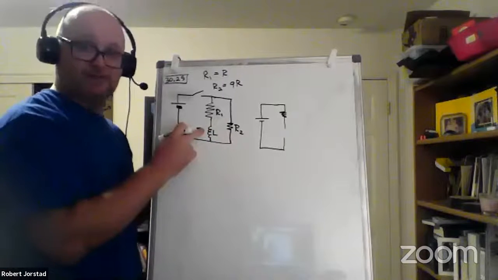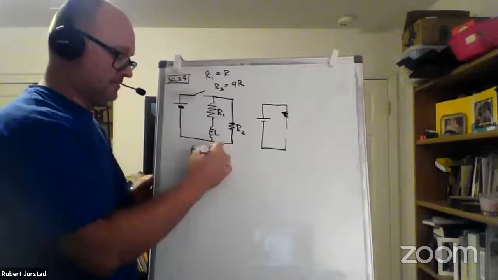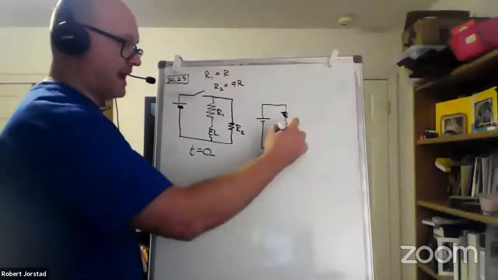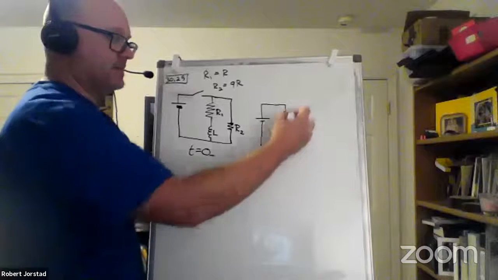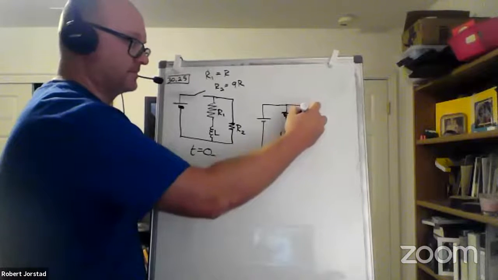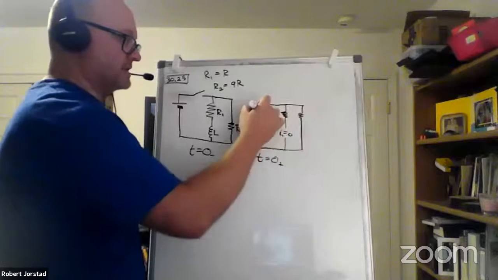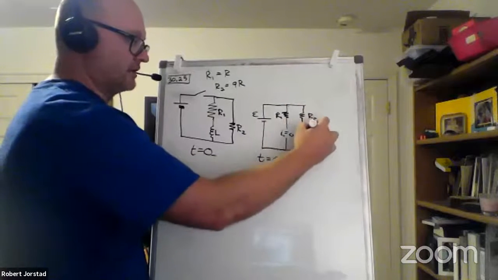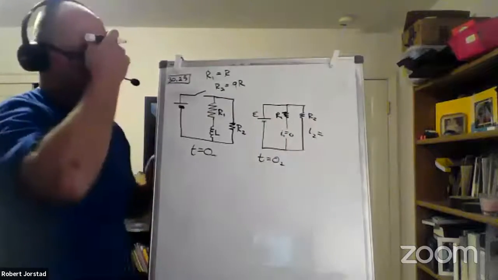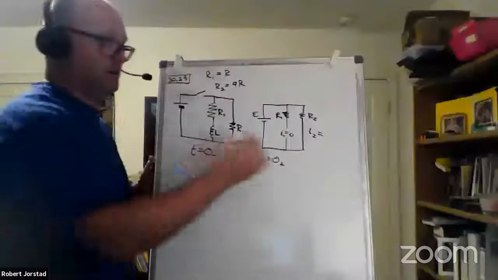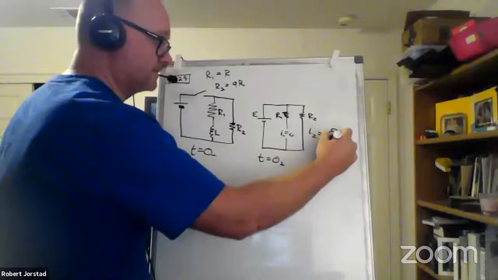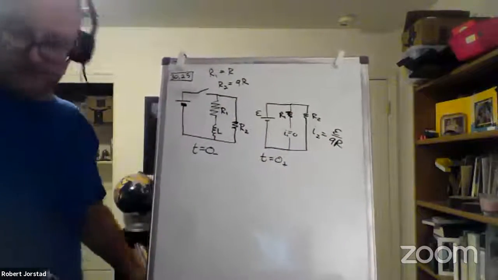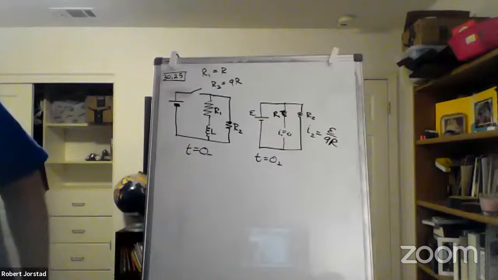Initially there was no current in the 0 minus, so in the 0 plus, the inductor acts like a brake. I equals 0 for that branch. So if this is E and this is R2, what is the current through R2? E over 9R, I think, because this one's 9R and this one's R. So far, so good.